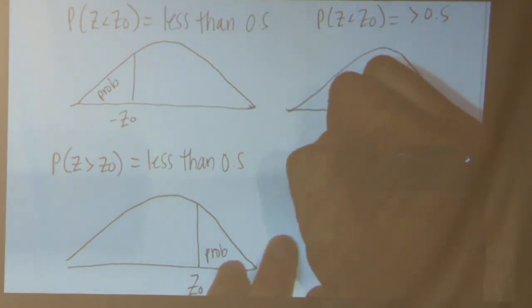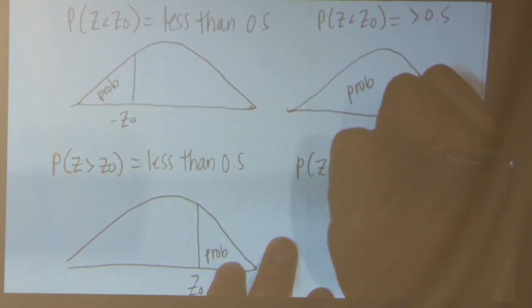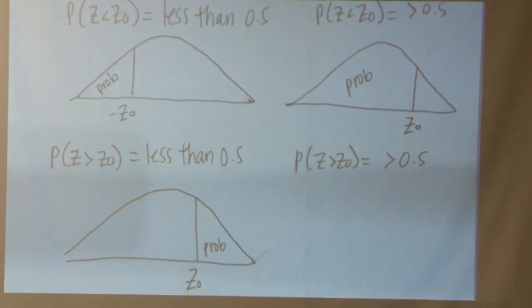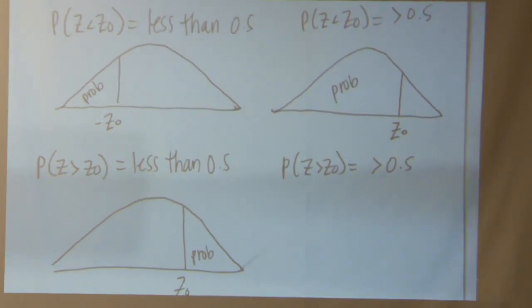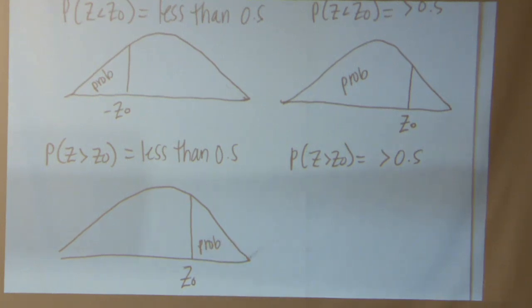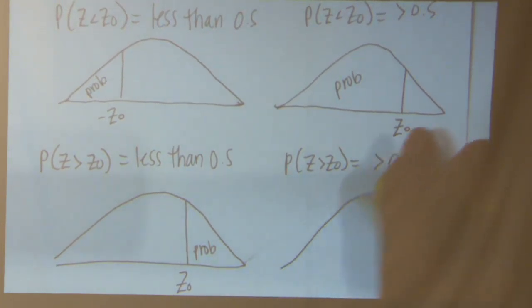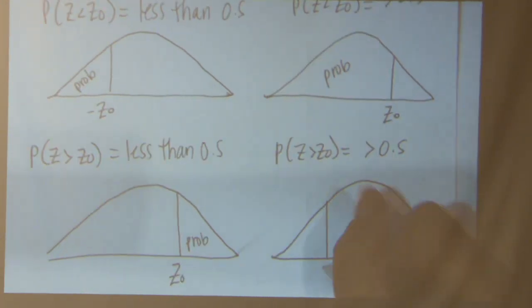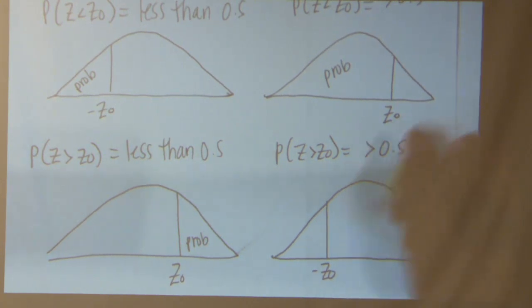If they were doing the probability that z is greater than z0 and they give you a probability that's greater than 0.5, again, anytime it's greater than 0.5, we can't just put it into one of the little tails. It has to cross over the midline. So now our z0 is going to be on the left-hand side. It's actually going to be negative now, and the probability that they give you is going to go on the right.